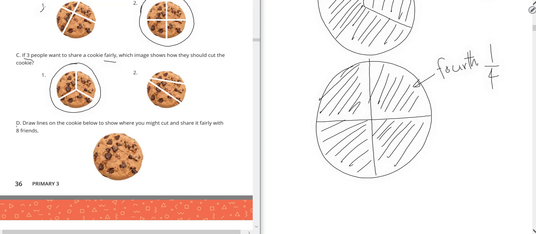Letter D. Draw lines on the cookie below to show where you might cut and share it fairly with 8 friends. 8 friends, so we must cut this cookie into 8 equal parts. The first step, we cut it into 2 halves. After that, 4 fourths, sorry.